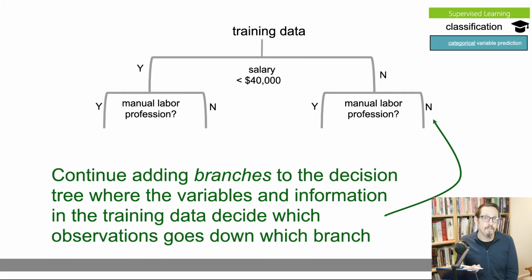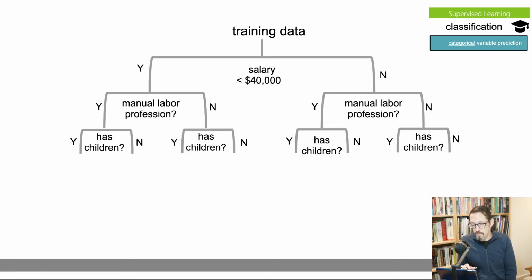And then maybe it picks the next most informative dimension to the data set, which is whether you work in a manual labor profession. Okay, so if you go down the tree, then the next question is manual labor, yes or no. And then we're going to keep adding branches to the tree, two branches at every point, picking a dimension of the data which is useful for making the distinctions we want to make about what's your education level.